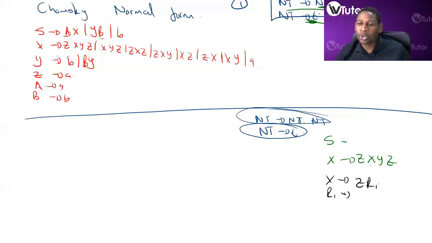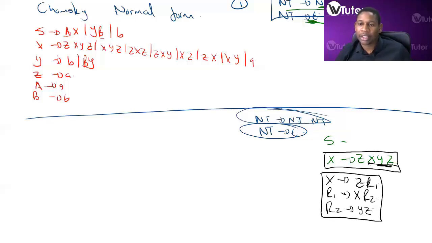R1 would be going to X Y Z, but we cannot write X Y Z, so it will be X R2, and R2 will be Y Z. So we have these three representing this one. If we back substitute R2 into R1, we've got X Y Z. R1 into X, we've got Z X Y Z. Hope that makes sense.